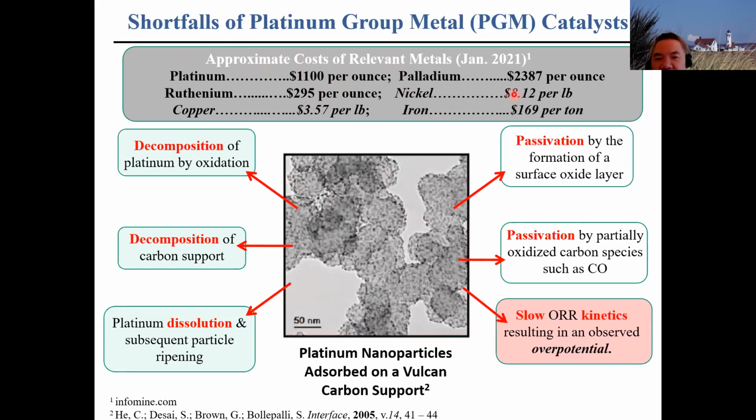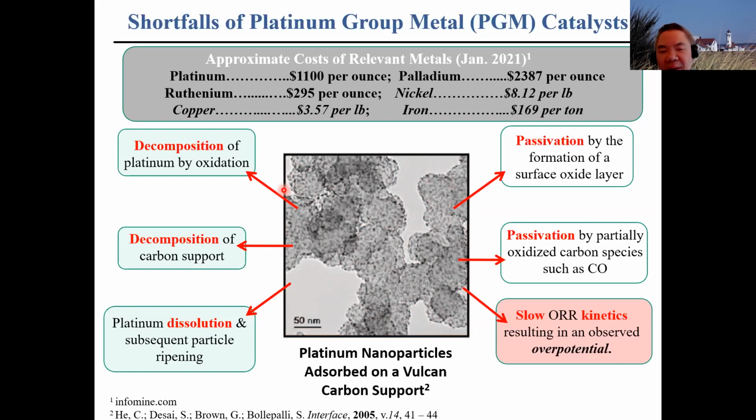That's a very, very big difference. Or iron, which is $170 per ton. The other thing about platinum, which isn't so great, is that it decomposes, it dissolves, it passivates, which makes the catalyst not very active. So that's one of the reasons why, as a research group, we want to replace platinum.